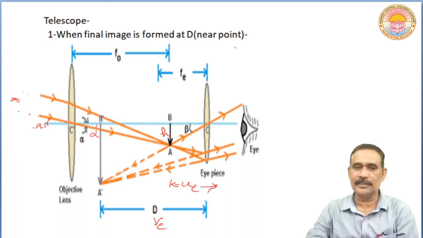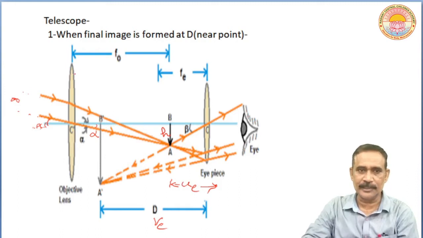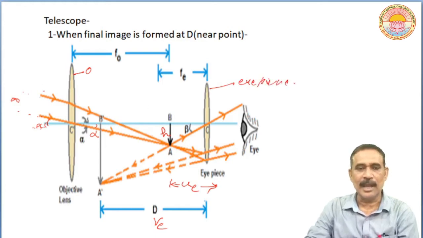First you see the telescope through a ray diagram. It consists of two lenses. One is the objective lens, and this is the eyepiece lens. The objective has a large aperture and large focal length, and the eyepiece has a short aperture and short focal length.